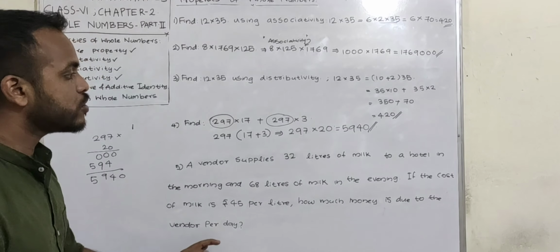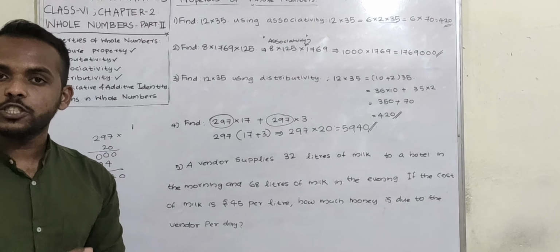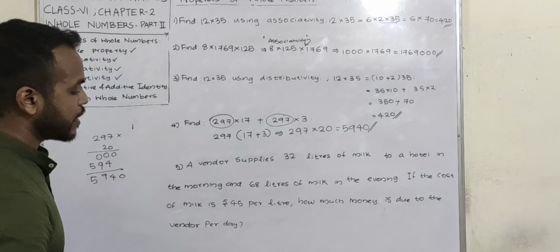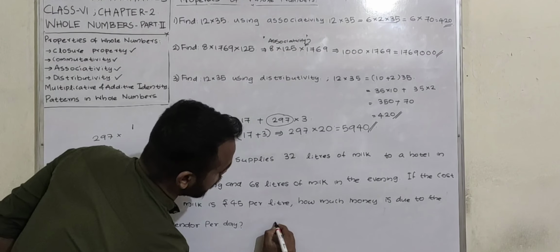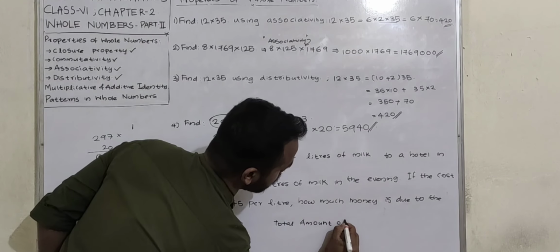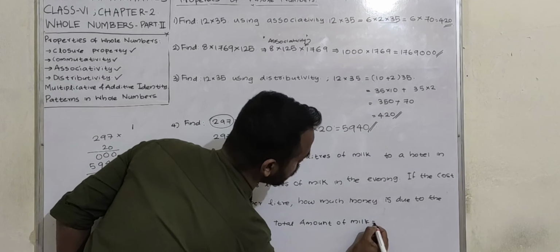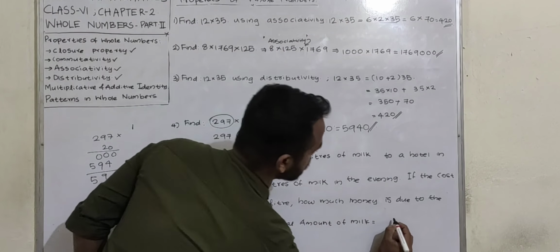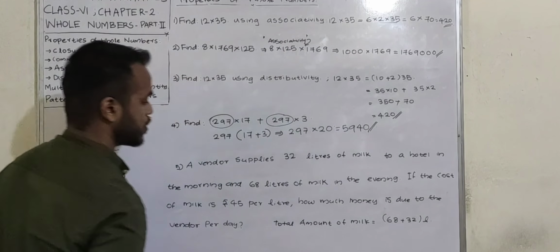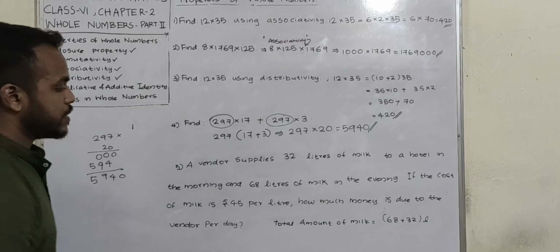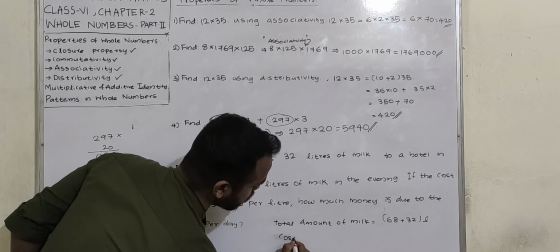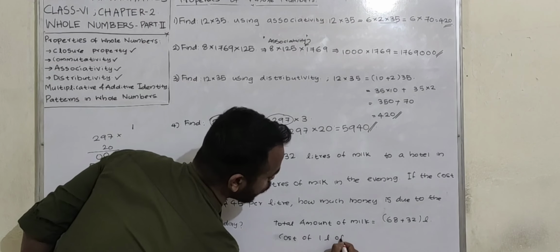Let's see. For that, we should have the idea of how much milk is served by the vendor to the hotel in a single day. In a single day, what is the total amount of milk? Total amount of milk is equal to 68 plus 32 liters. Am I right? Yes. Now, the cost of 1 liter of milk.